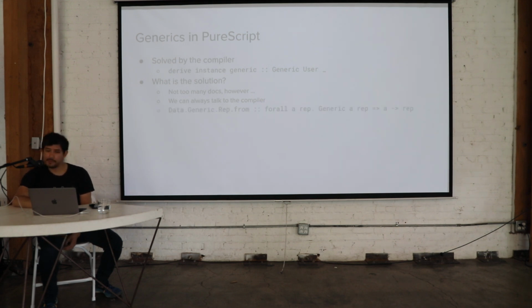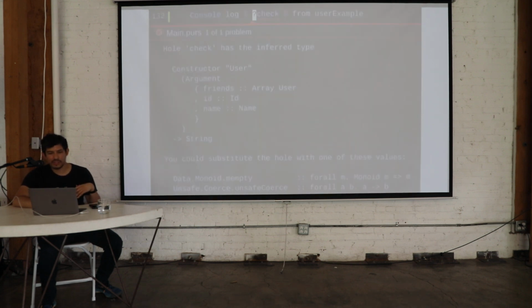So what we can do is look at this function from Data.Generic.Rep. It's called from, and the type is very simple. If A has a generic representation, then it gives you the representation from the actual value. And so we can use stuff like type holes, right?